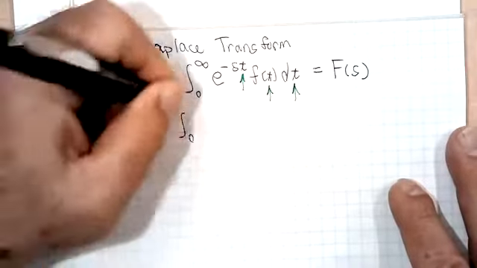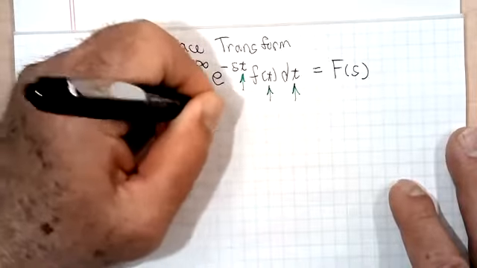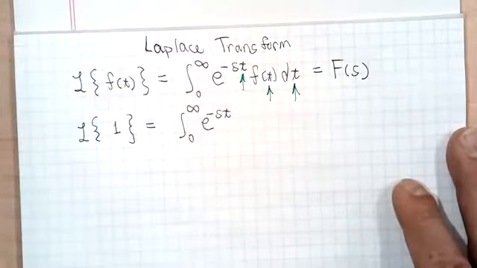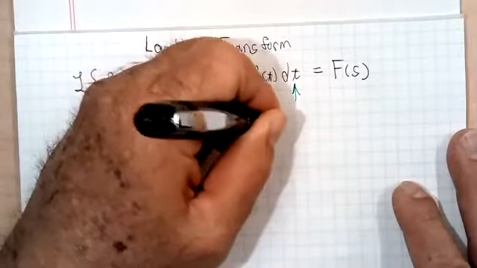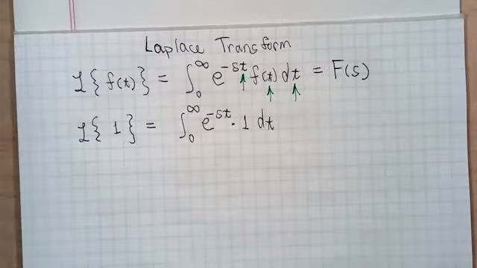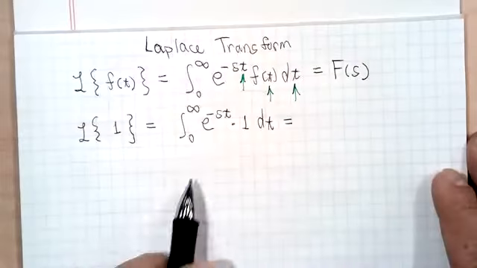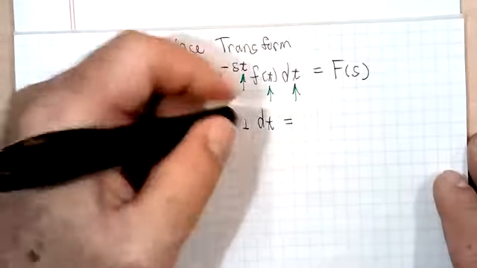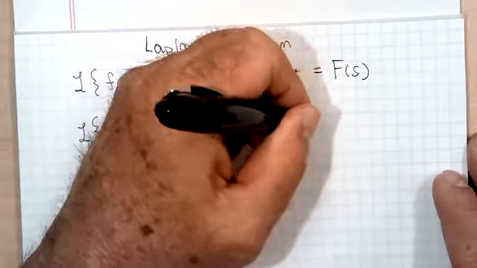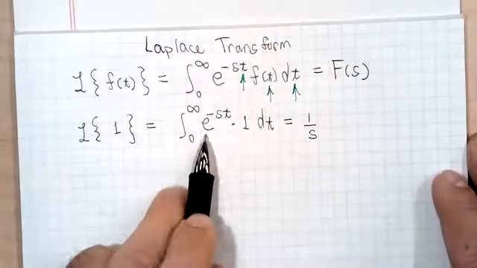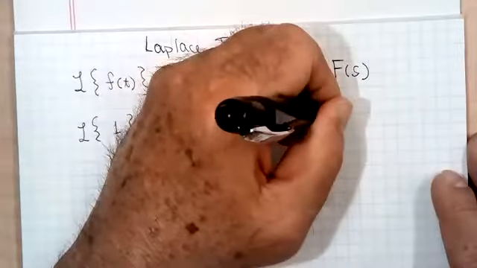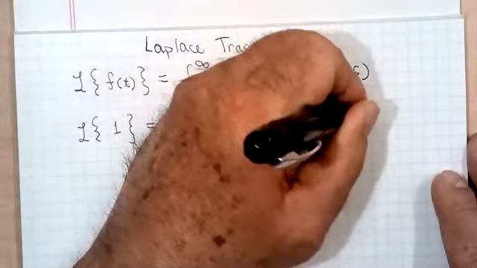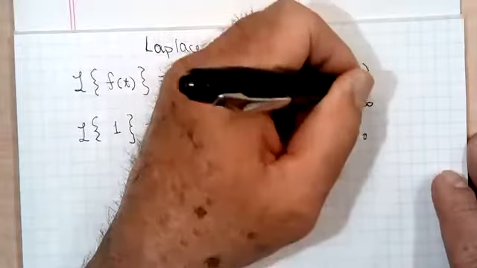So by definition, it's the integral from 0 to infinity of e to the minus st times 1, which of course you don't really have to write, dt. And well, that looks pretty familiar. The antiderivative is 1 over s, but it's negative, right? Minus 1 over s, e to the minus st on the interval from 0 to infinity.